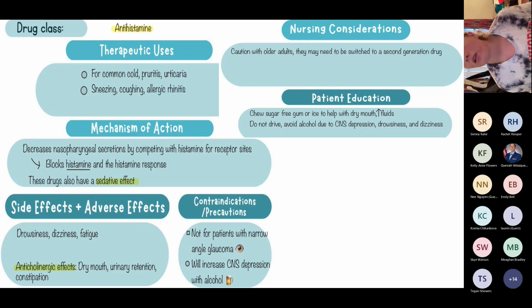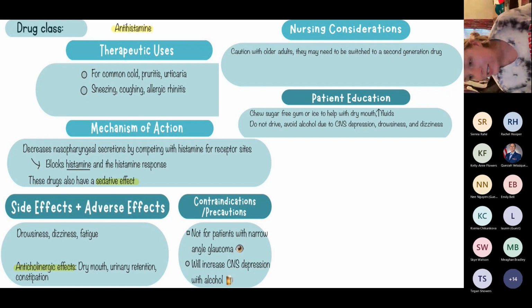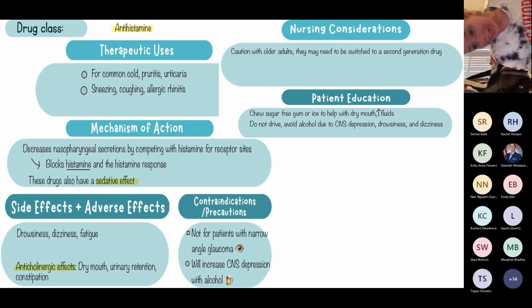I am not going to drink alcohol because that interferes with sedation. I'm not going to give an antihistamine to a patient who has central nervous system depression because I won't know if they're getting worse. If I have a car accident victim who has increased intracranial pressure, I'm not giving them an antihistamine because it's going to sedate them.